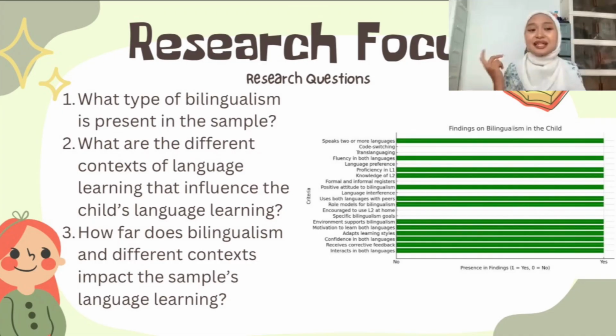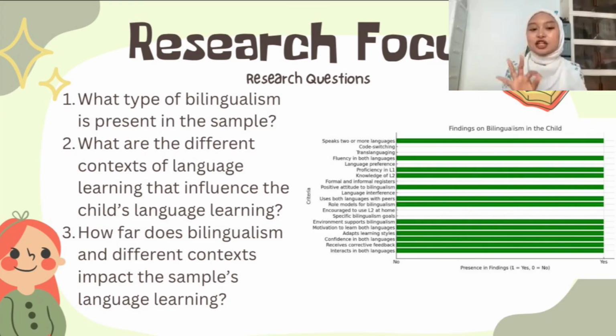But basically, the study explores how bilingual language development is shaped by three key contexts. And the first key context is the language context, which refers to how language is taught, used, and interacted with. And the second key context is the learner context, which focuses on individual differences such as their motivation and their confidence in using said languages.